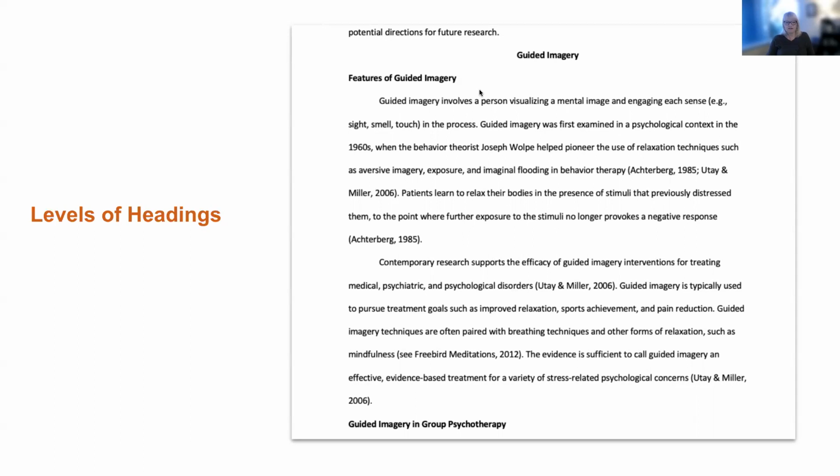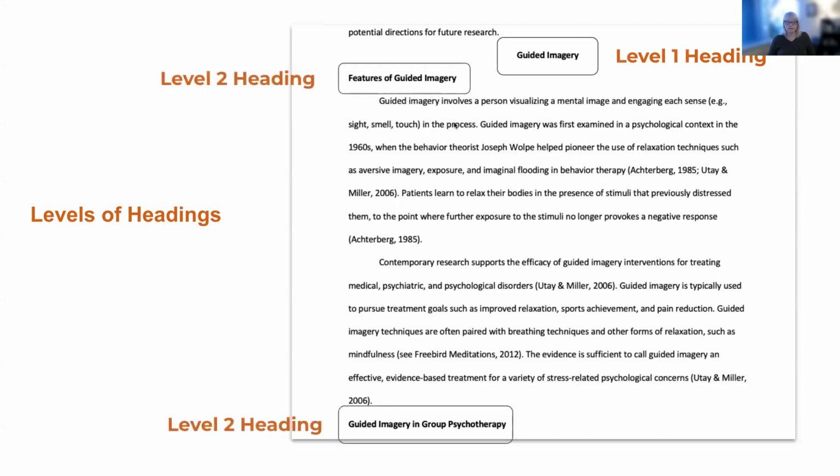Typically, I see students use 2 or 3 levels of headings in longer papers, maybe 10 or 15 pages. And I just want to show you how this works because it's really helpful for you to see the organization of your paper at a glance. And it also helps your professor or reader to understand the basic thrust of your sections in your paper.